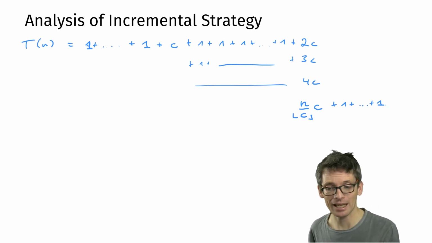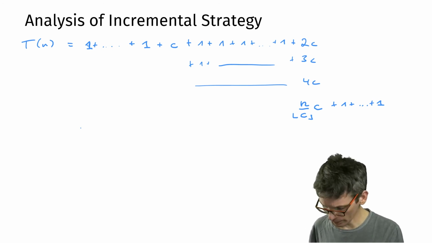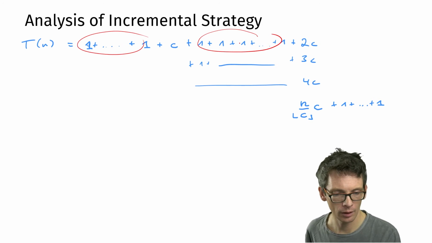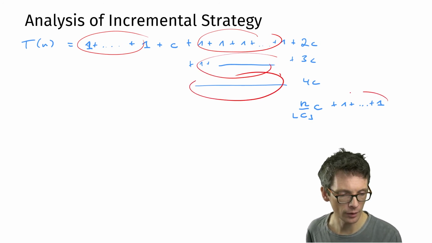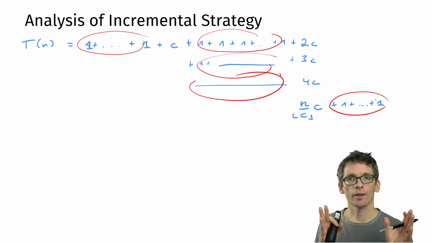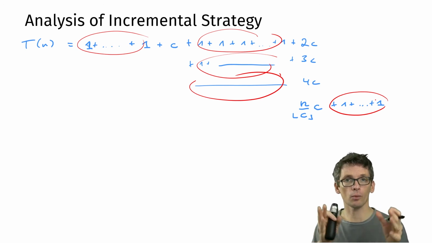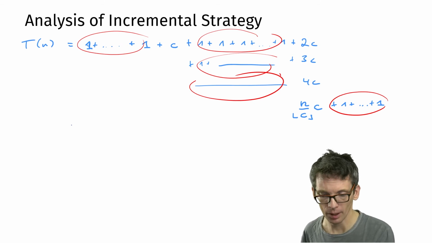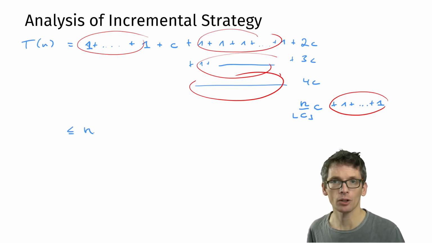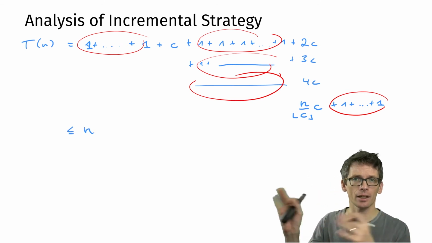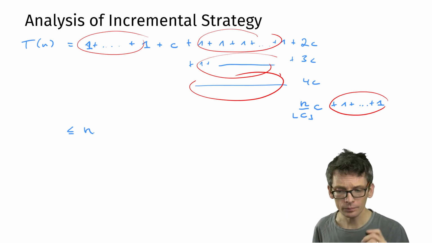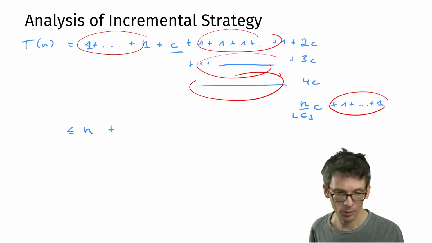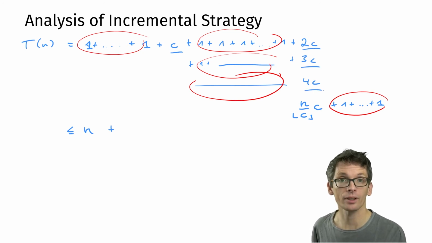Let's write that as a sum. First of all, we can take all of these 1s together. The number of 1s that I have here is less than n, so I can simply bound this by n. This takes care of all of the 1s. Additionally, I have c plus 2c plus 3c plus 4c and so on.